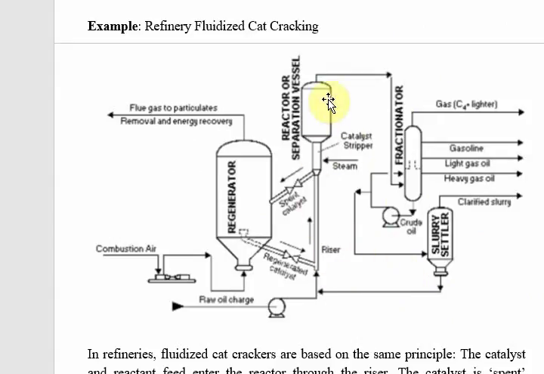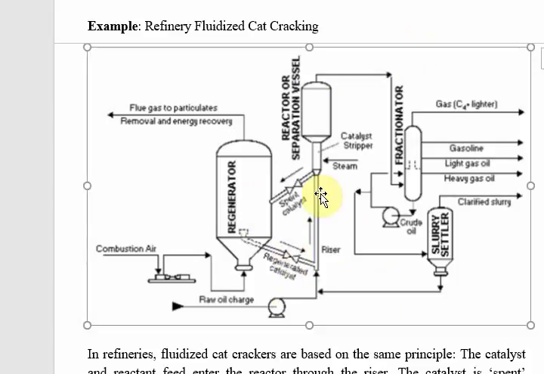That's coming through here, and then your catalyst is getting spent. So your spent catalyst falls out here. It's regenerated here, and then it's blasted back up into the reactor. So you've got that constant catalyst loop, and you've got your reactor cycle going on. Here you can see a combustion air for the regeneration.